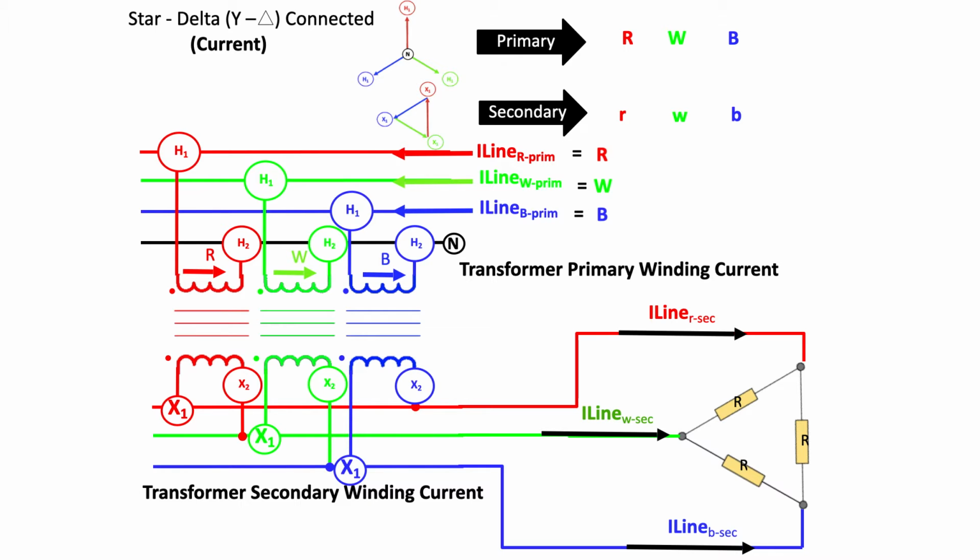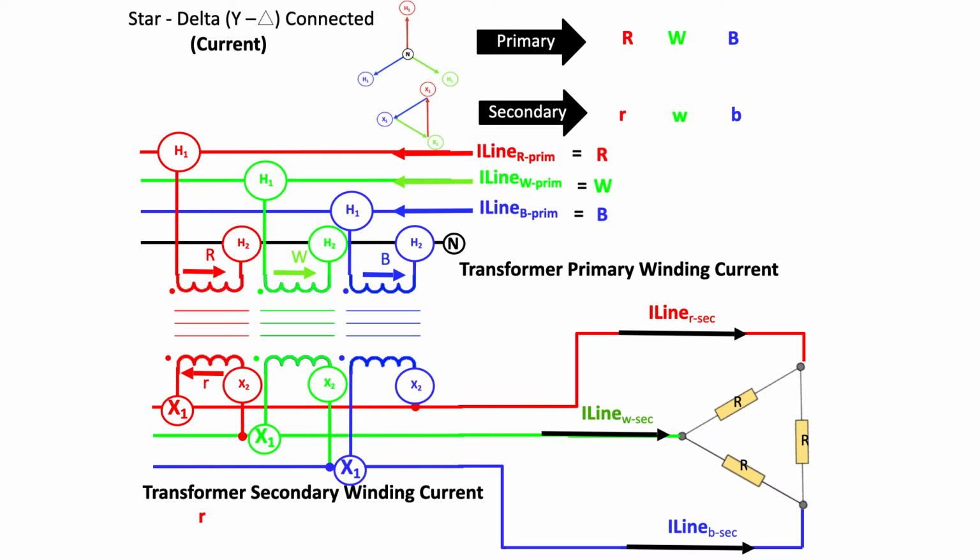Now on the secondary winding of the transformer, I'm going to call the current flowing in that winding lowercase r. And in the case of a lowercase r and the current flowing in this transformer, because the current is flowing into a spot on the primary, it's going to flow out of the spot on the secondary.